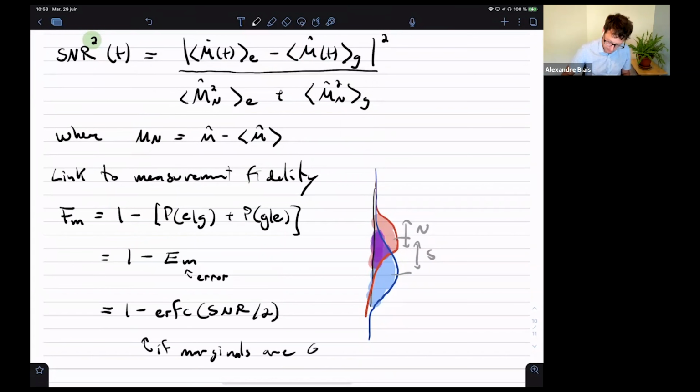And so far they are Gaussians in the description that we've made. In practice, maybe not, but for now they are. So now you see that this SNR and the measurement fidelity are really the same object. So let's focus on optimizing this SNR, which will be the same as optimizing the fidelity.